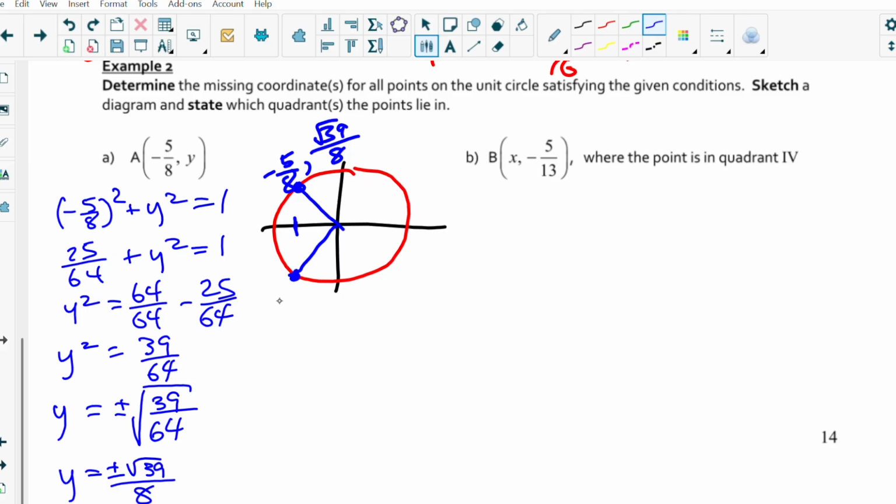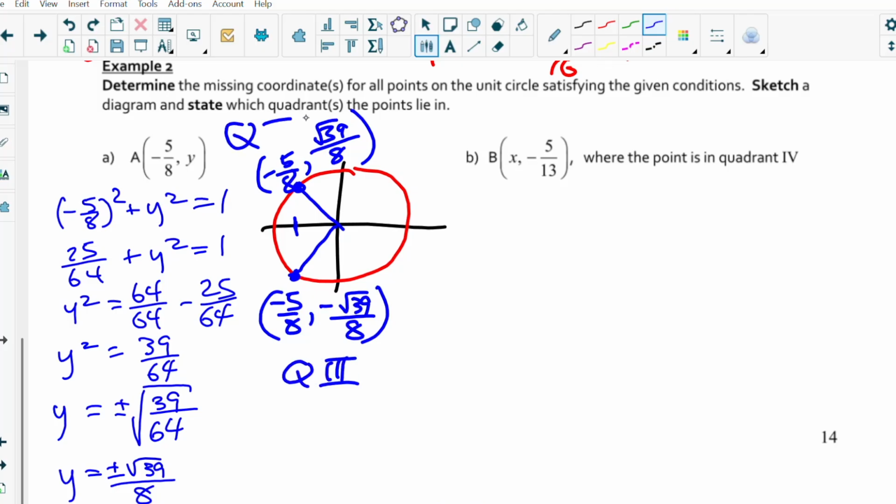And then the other point would be in quadrant 3, which is negative 5/8, comma, negative square root of 39 over 8. So where would it lie? This is quadrant 3, and this is quadrant 2.